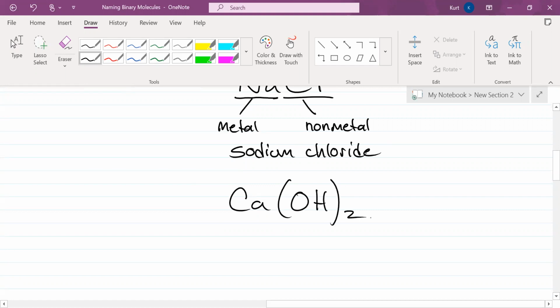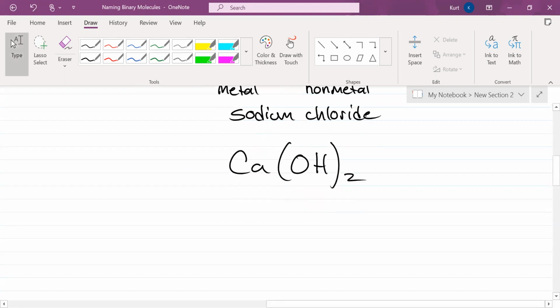We have calcium on one side. What is OH? Hydroxide. Are these ions? Or are there metals and nonmetals involved? Or are they all nonmetals? Nicole? These are made of ions, therefore it's an ionic compound. Calcium is a metal.